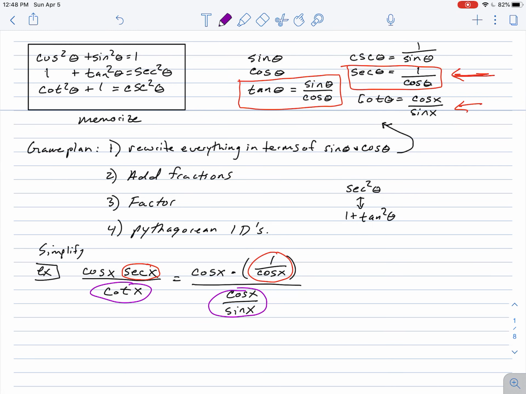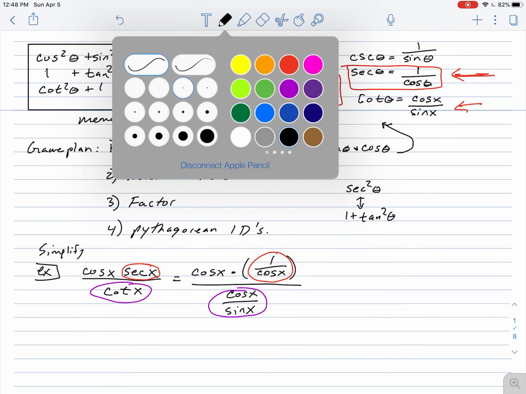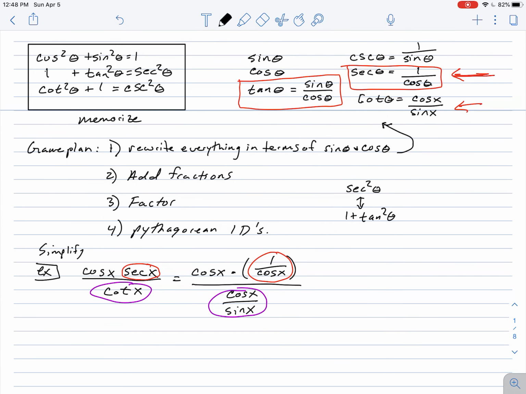See how that's working? And then you're just going to do a little bit of algebra. Sometimes things multiply, cancel out. So this cosine up top is actually over 1. And if you notice, fractions multiply straight across. So this becomes cosine over cosine, which is 1. These cancel, in other words. This is going to be 1 over cosine x over sine x.